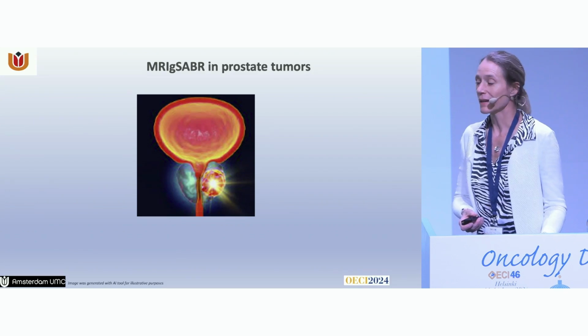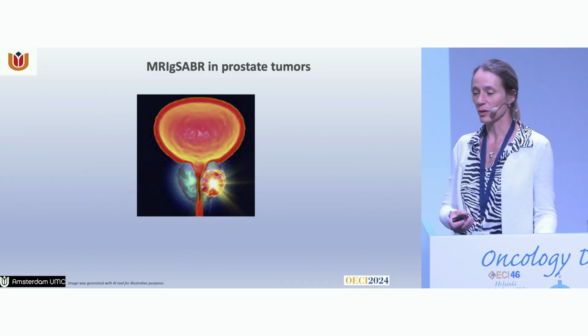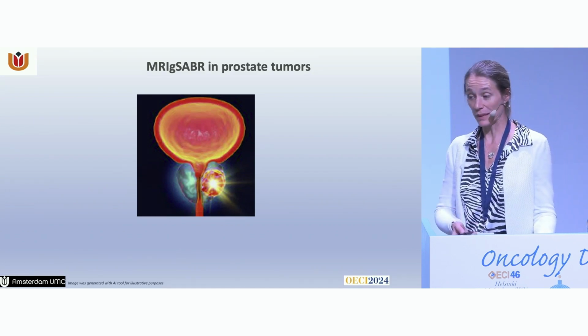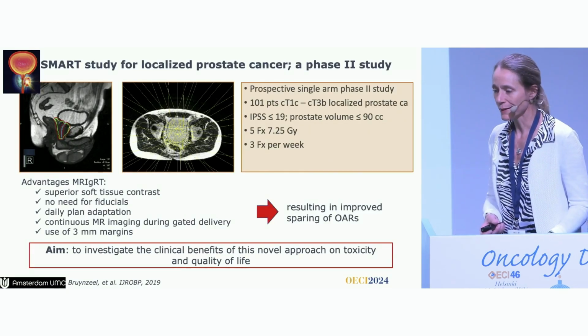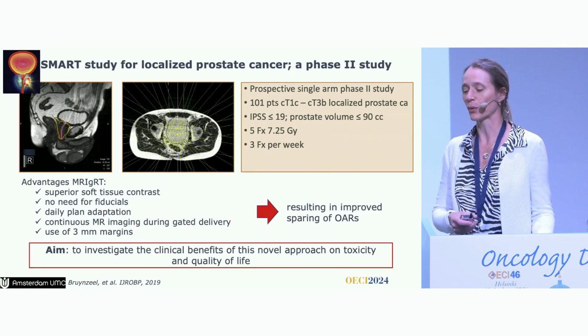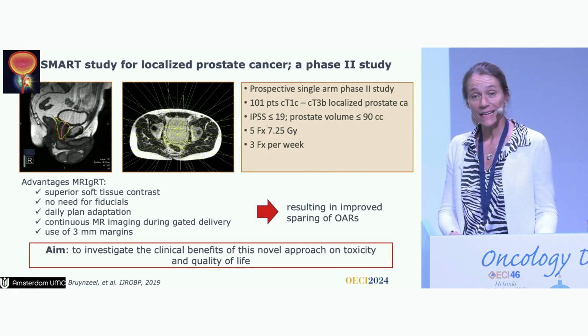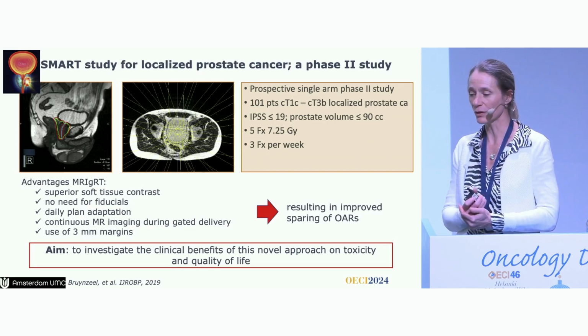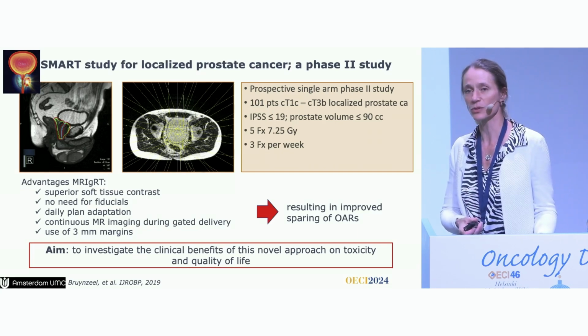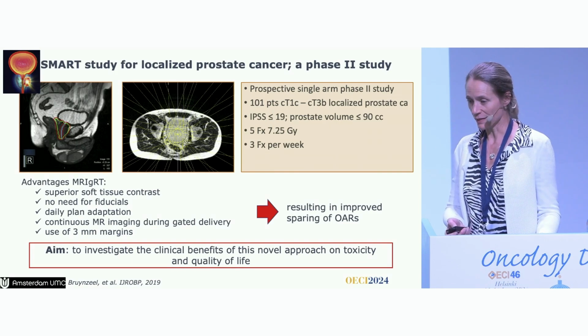In the following slides, I will discuss some outcomes of MR-guided radiotherapy in prostate tumors. The first phase 2 study worldwide investigating the clinical benefit of SMART on toxicity and quality of life in patients with localized prostate cancer was initiated at our center.